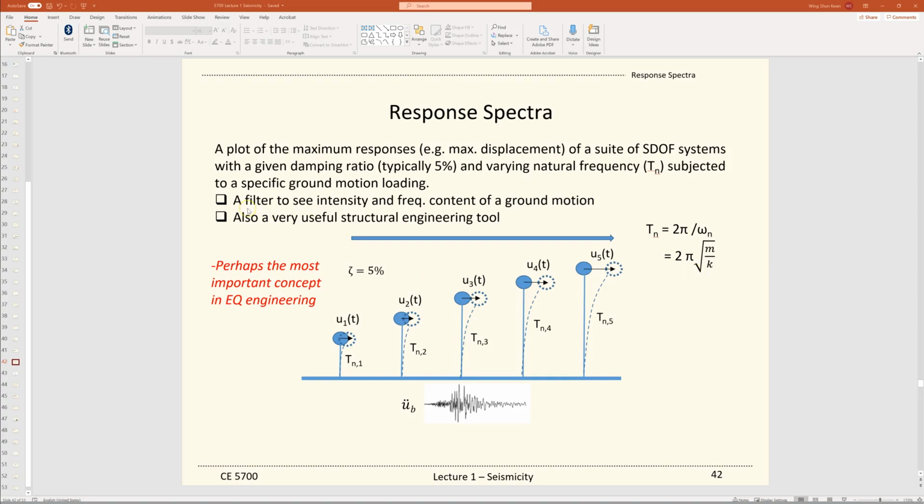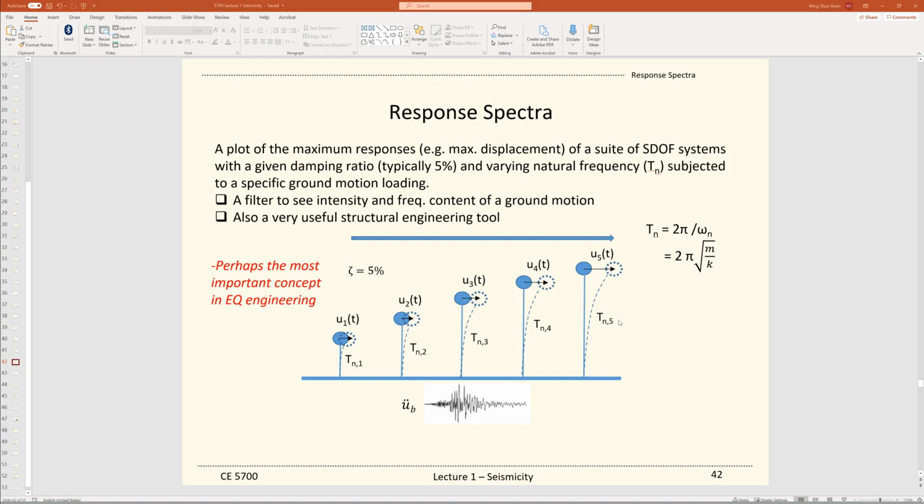It can be used as a filter to see the intensity and frequency content of our ground motions, because the response of all these systems highly depends on two things. First, the lateral period, which is the frequency content.